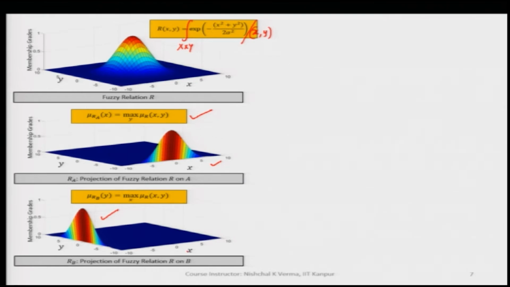In both cases we are eliminating one generic variable. So, if we take a projection of a fuzzy set, whether it is a relation fuzzy set or any fuzzy set, the dimension is getting reduced, the generic variable is getting reduced.